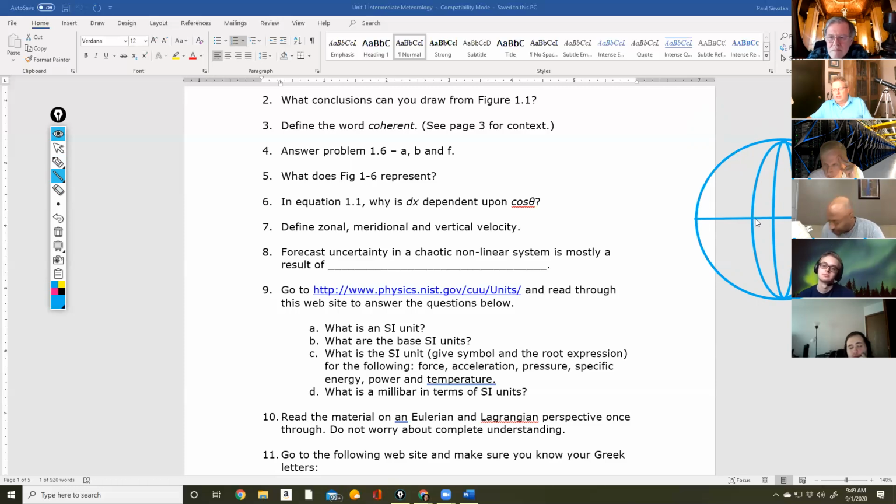So notice that if I went between, let's say, 10 degrees of longitude here, from here to here. Now at the equator, that 10 degrees of longitude change, and we use lambda for longitude. So phi is latitude, lambda is longitude.